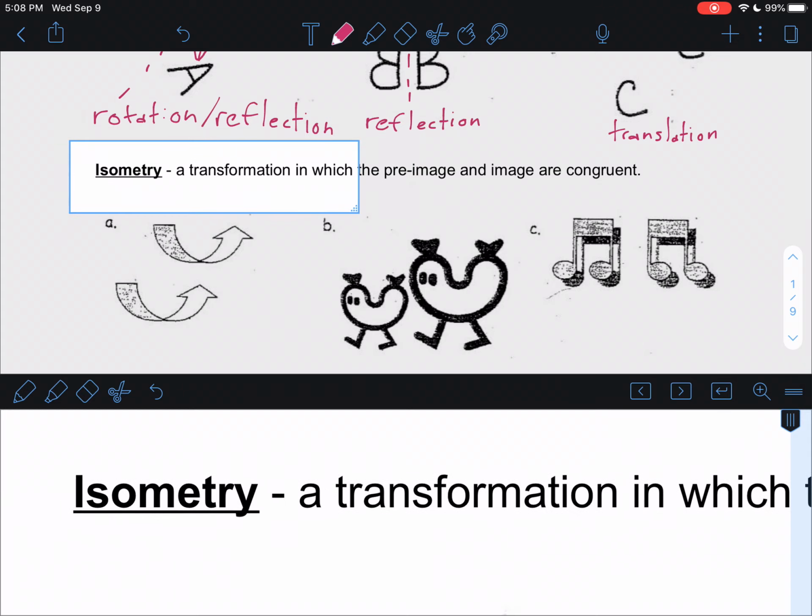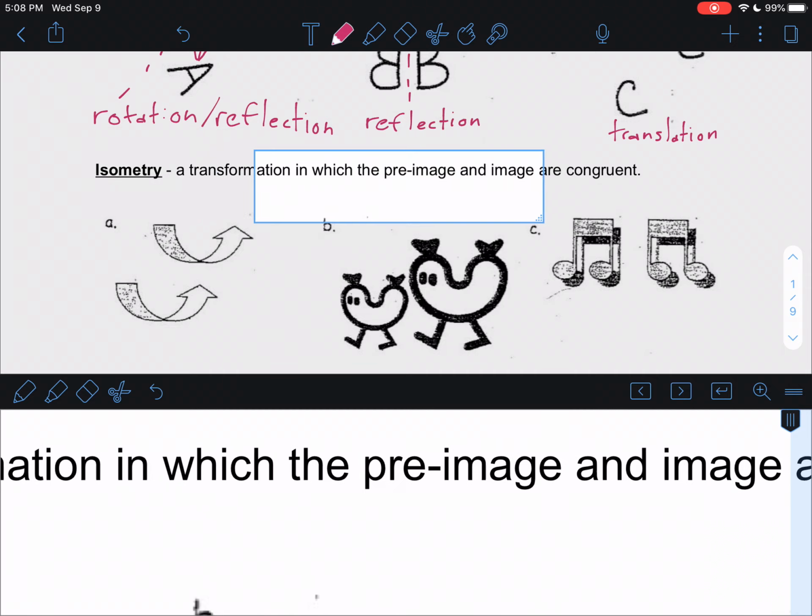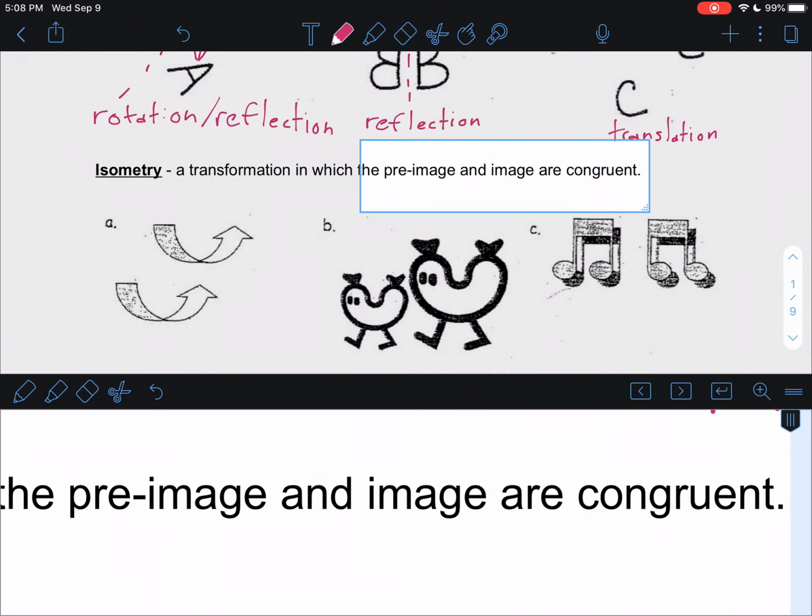And isometry, spelled right here, I-S-O-M-E-T-R-Y, is a transformation in which the pre-image and the image are congruent. And we learned about congruency last week. So congruent just means that they're going to have the same angles, same sides.